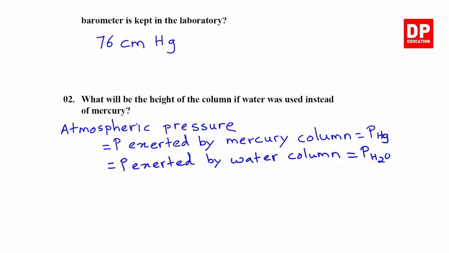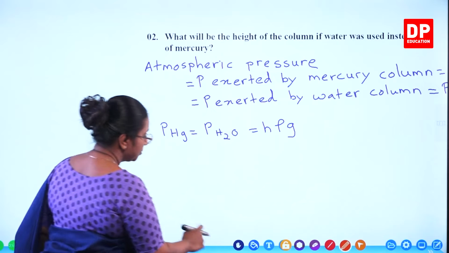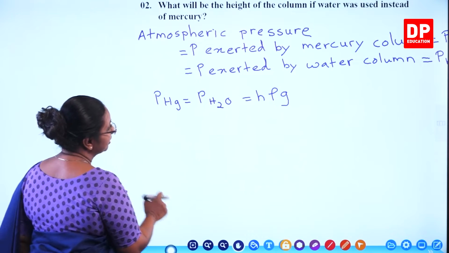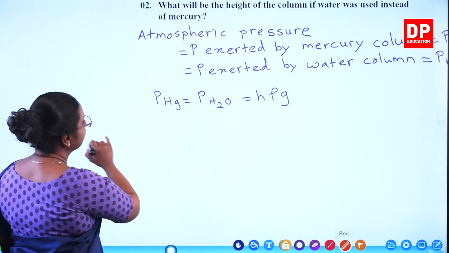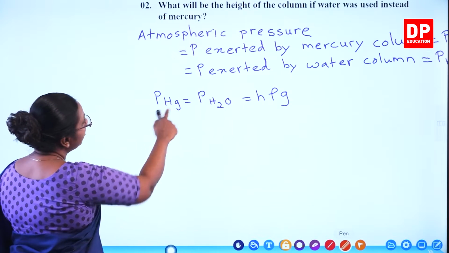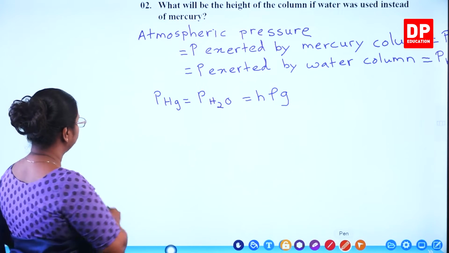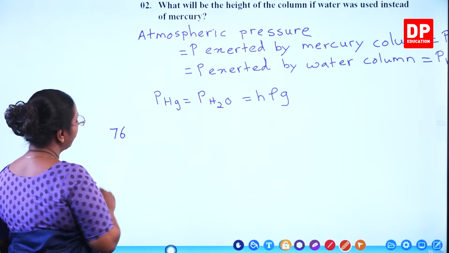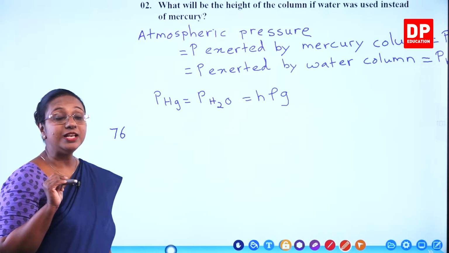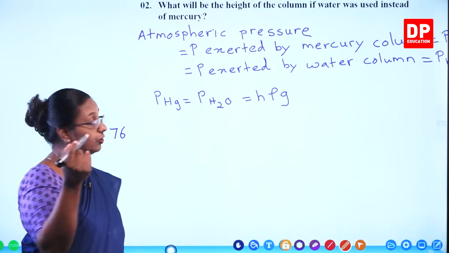Both are equal. Since pHg is equal to p water, and that is actually given by h rho g. So students, if we are to do the calculation, we can directly write the values for pressure exerted by mercury column. We know the height of the mercury column, 76, but we need to convert it to meters.